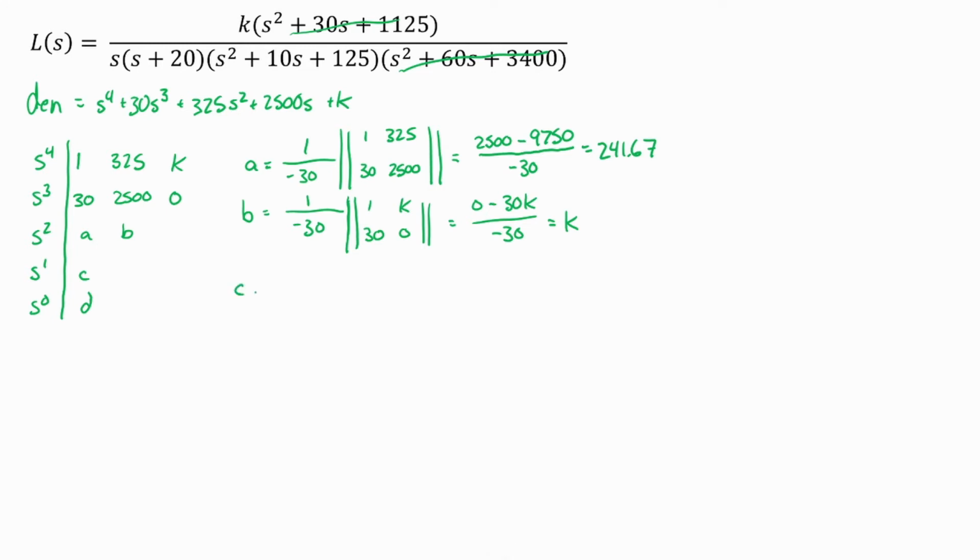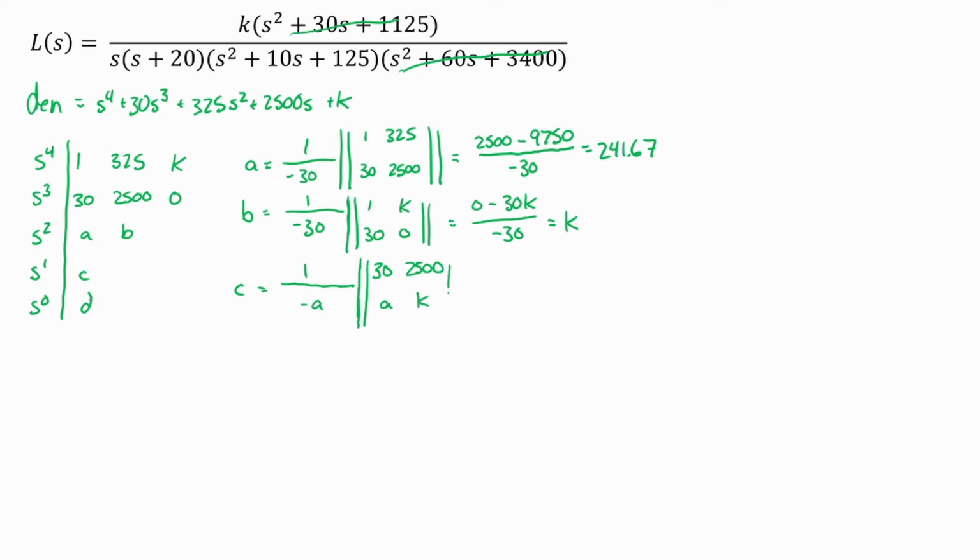Okay, so c, we're going to have 1 over negative a, and we're going to have 30, 2500, a, and b.